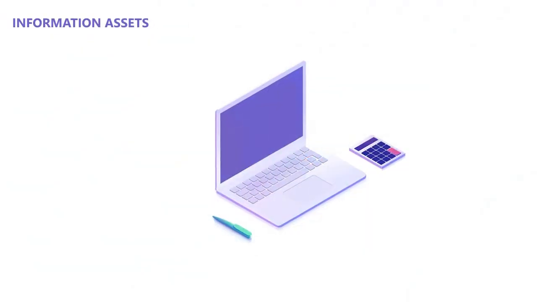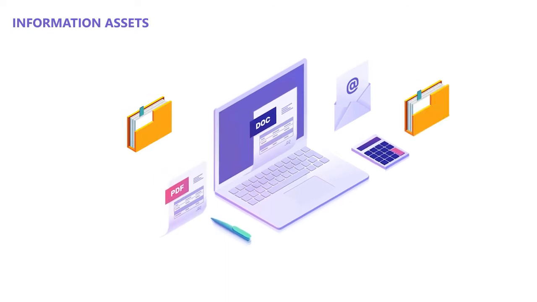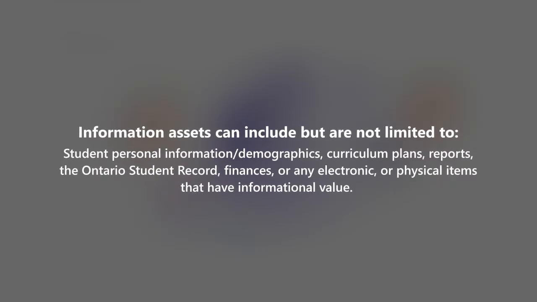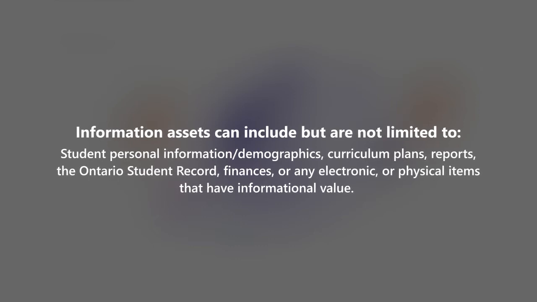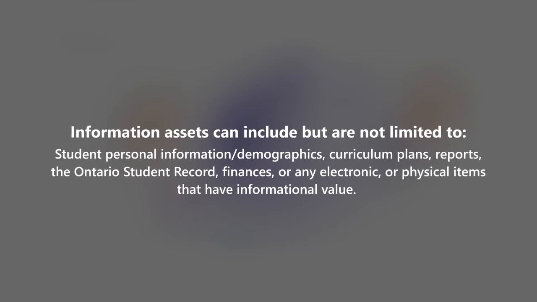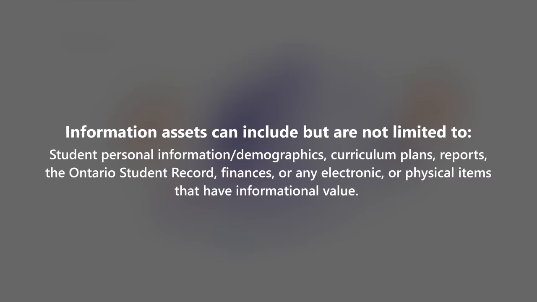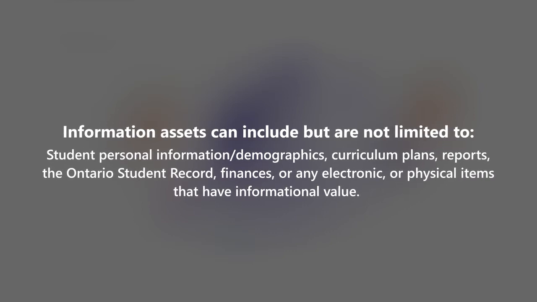Information assets include any records, data, forms, or other documents created or collected by the board. Information assets can include but are not limited to student personal information or demographics, curriculum plans, reports, the Ontario Student Record, finances, or any electronic or physical items that have informational value.